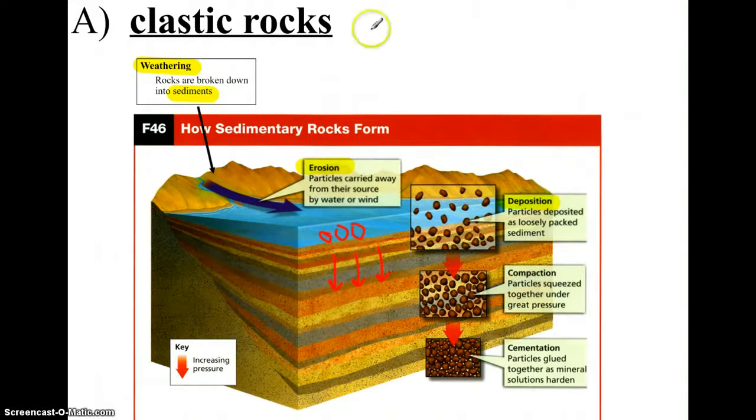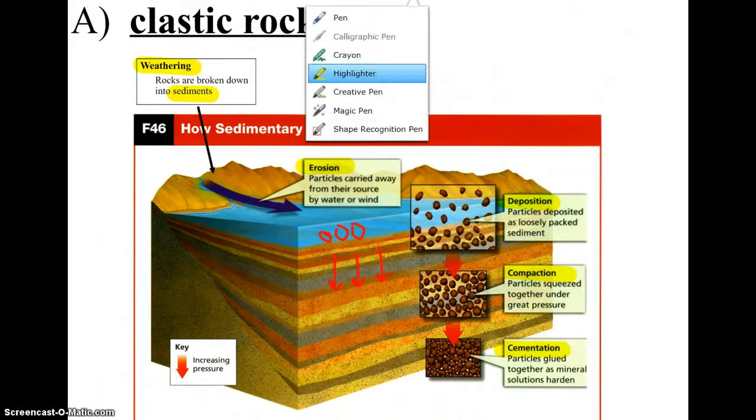And that pressure causes the sediments to become compacted. So compaction is the fourth step. Particles are squeezed together. And eventually, the minerals that are in the water will act like glue, and the particles will become cemented together. And that step is called cementation.